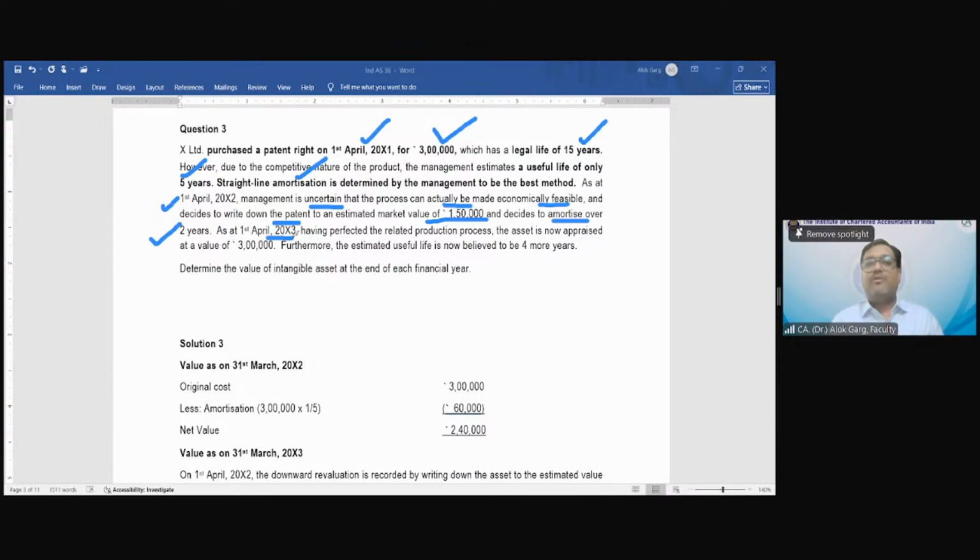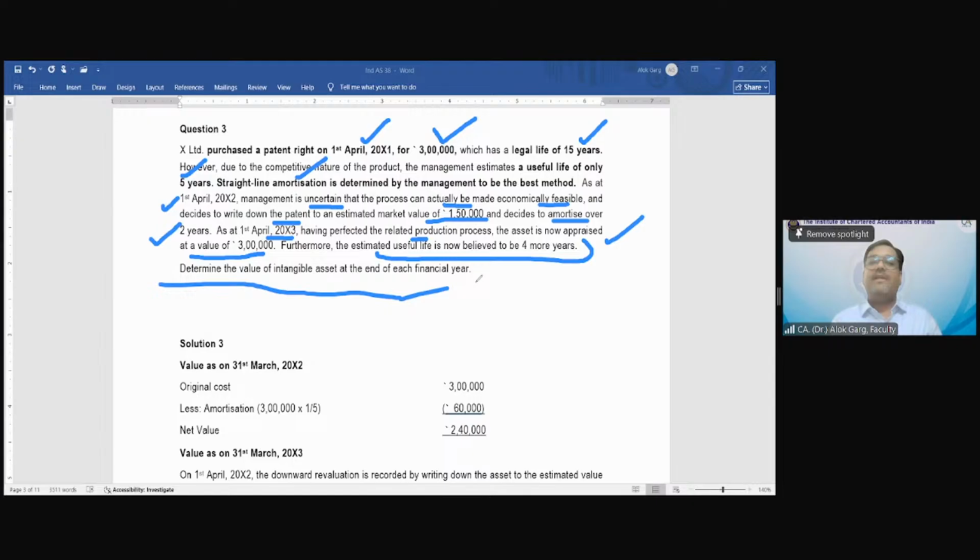As on 1st April 2003, after 1 more year, having perfected the related production process, now the asset is appraised at a value of rupees 3 lakh. Now there is a reversal of impairment. Furthermore, the estimated useful life is now believed to be 4 more years. Again, the value has increased and the life has also increased.